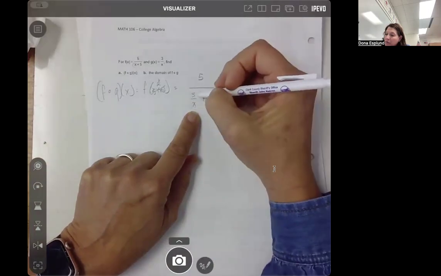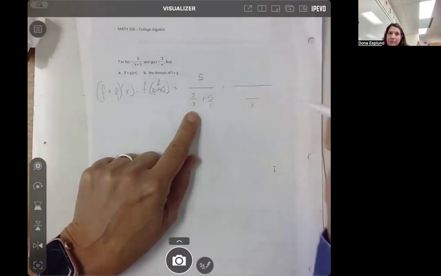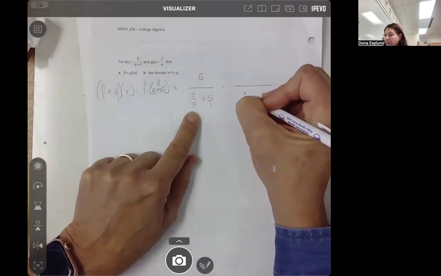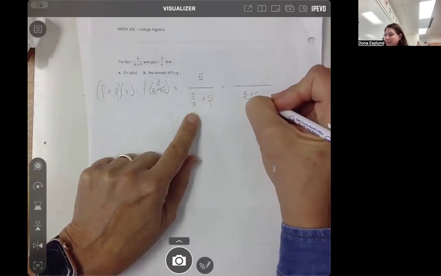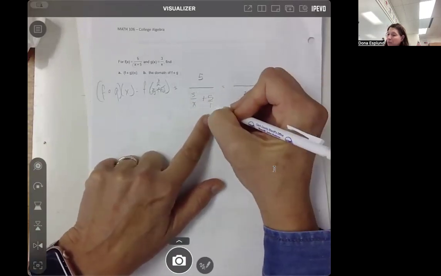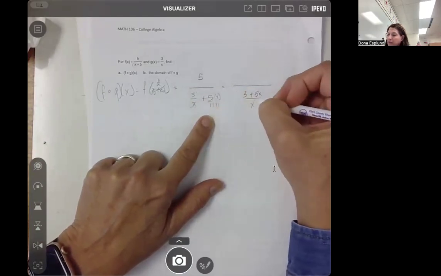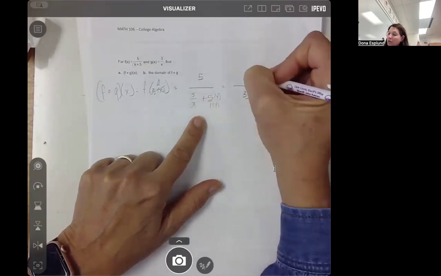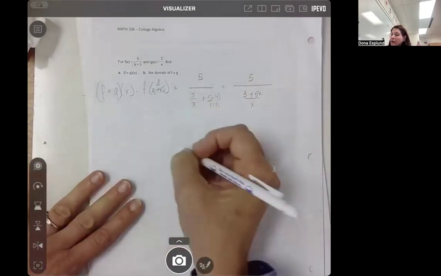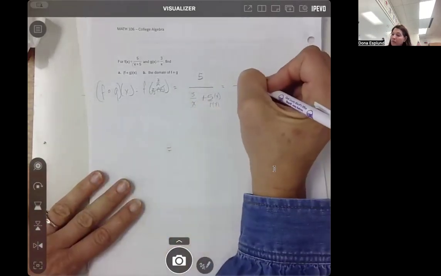So that means that on the first one, I don't have to multiply the 3 times anything. So it's just going to be 3 plus 5x. Good job. Because I'm going to have to multiply this one times x over x. And that's where I'm going to get the 5x. Now I still have over 5. Now, remember, I can also write this as 5 over 1.